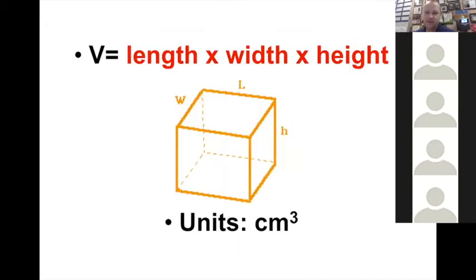Okay, if we have something that is like a box, I showed you this yesterday, we can measure the length, the width, and the thickness or the height. And we do 5 times 3, that's 15, times 2, that's 30.